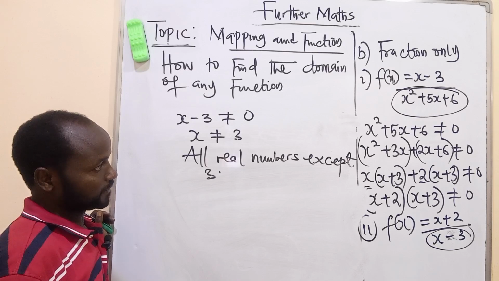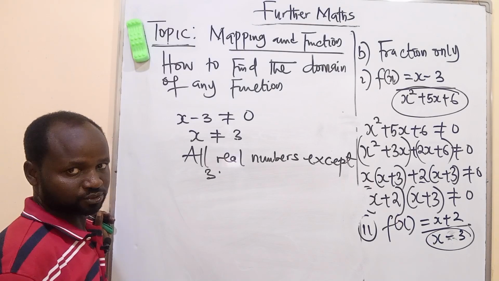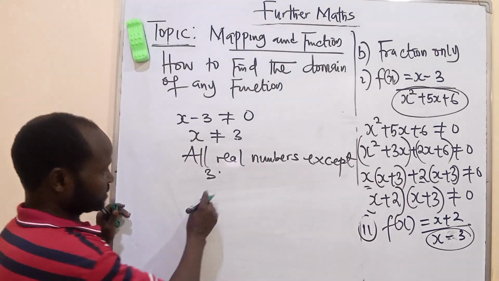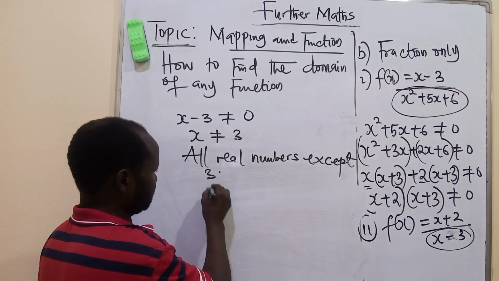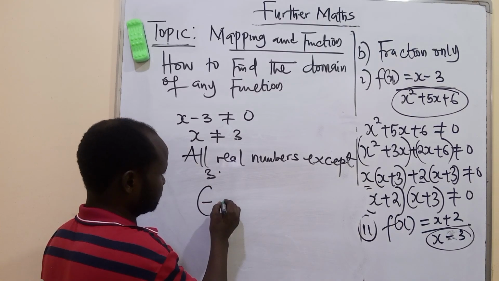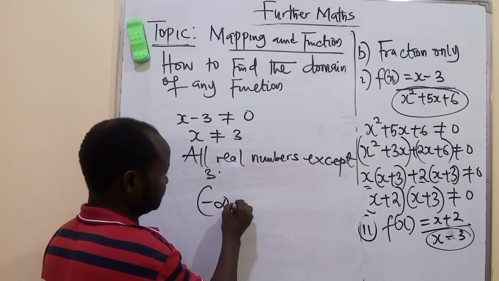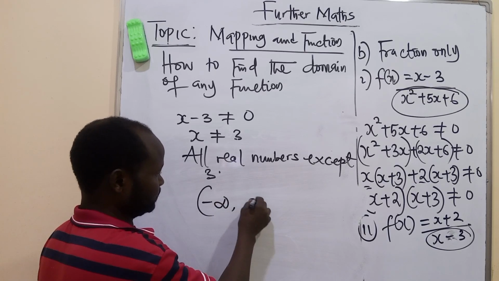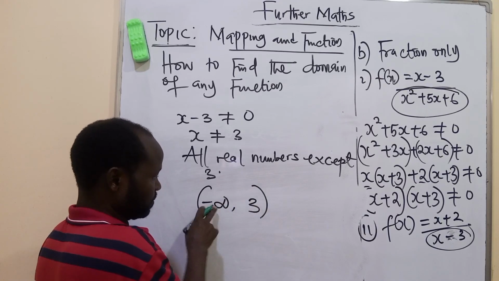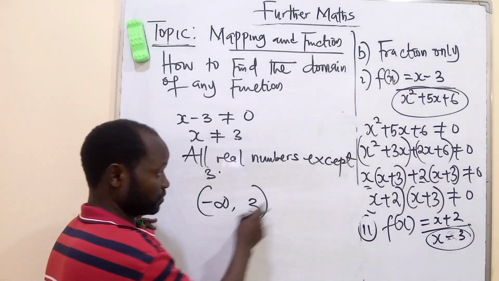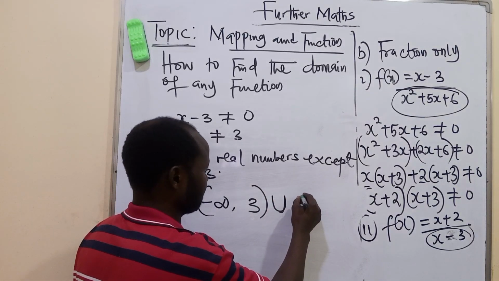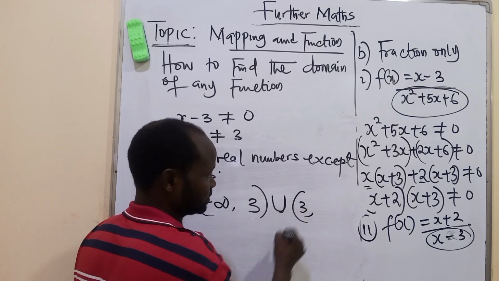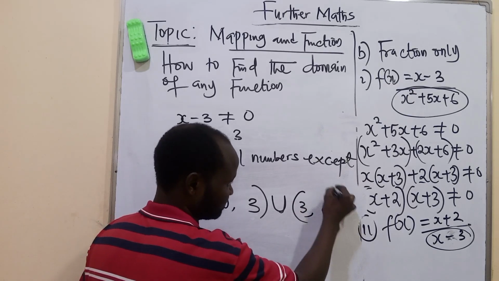We can use interval notation if we want. We can say minus infinity to 3, minus infinity is not included, 3 is not included, combined with 3 is not included, to positive infinity.